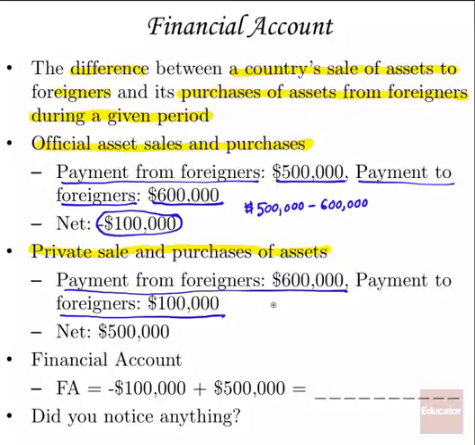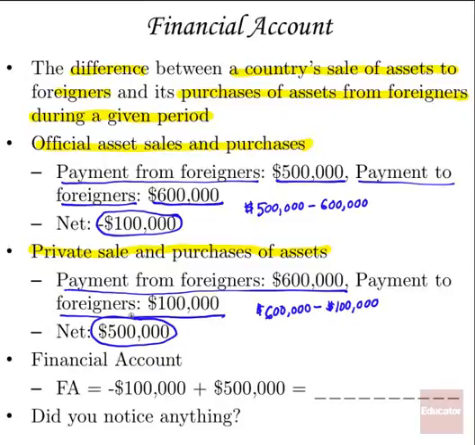In this case, more money is coming in from foreigners: $600,000, with $100,000 leaving the United States. So in this instance, the net amount is $500,000. We would be getting extra money, but we're giving up assets on net.